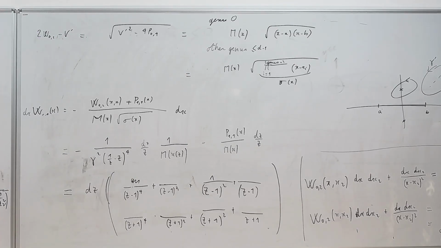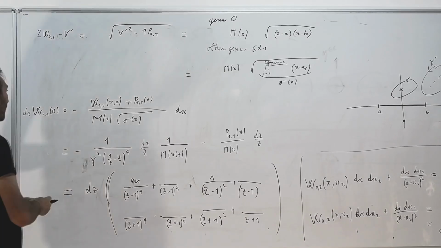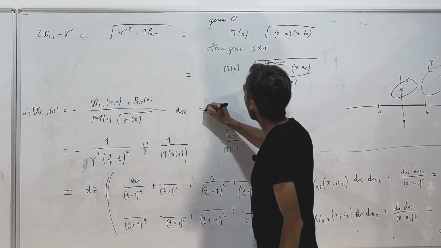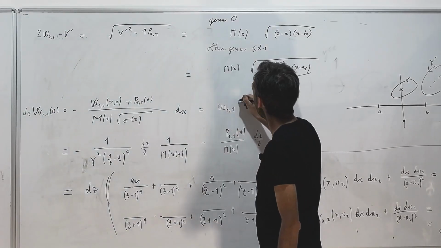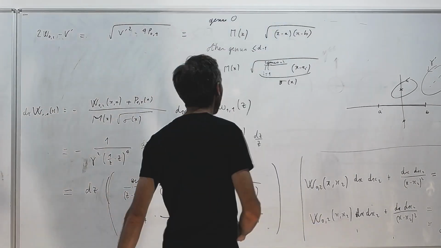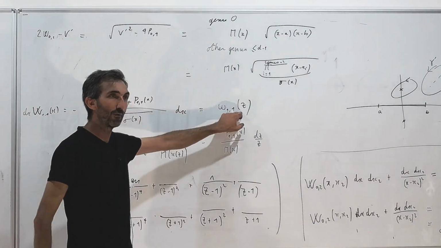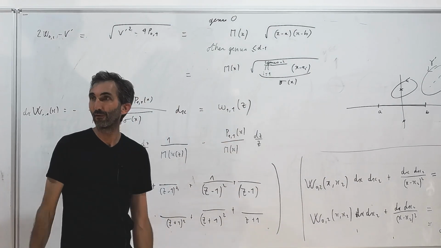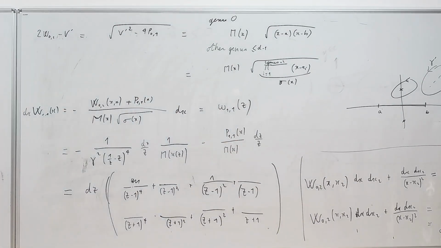So you will see the formula will pop up very shortly. So remember that after multiplying by dx, this is what I call W11 of z. So now let me consider it a differential form on the full Riemann surface, so in the z variable.